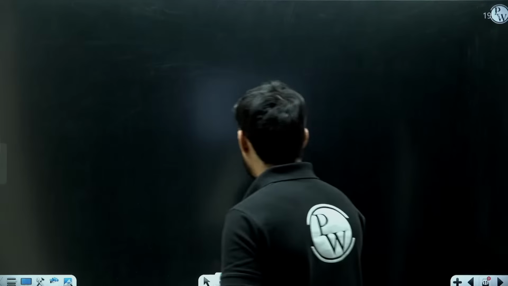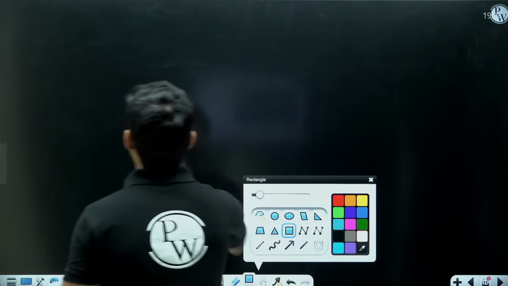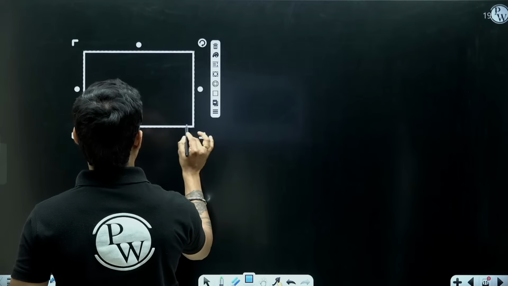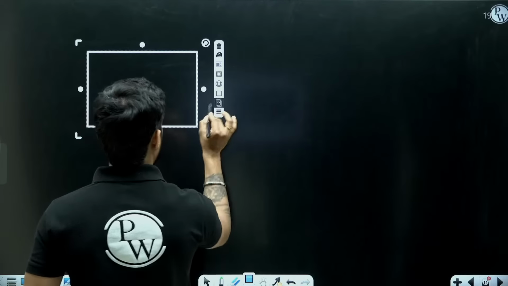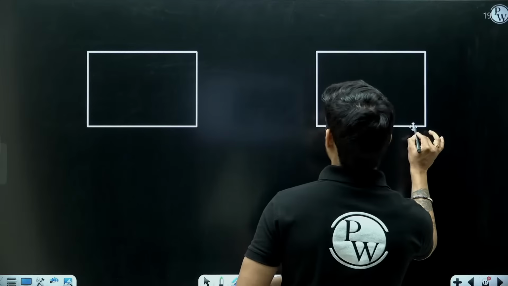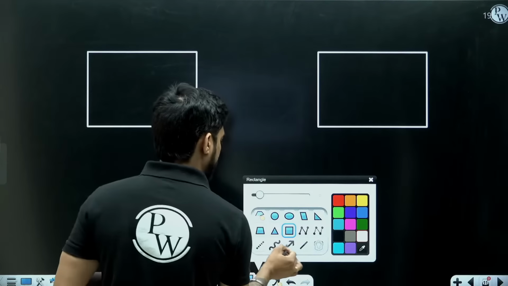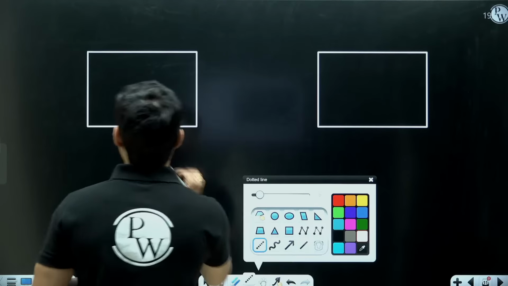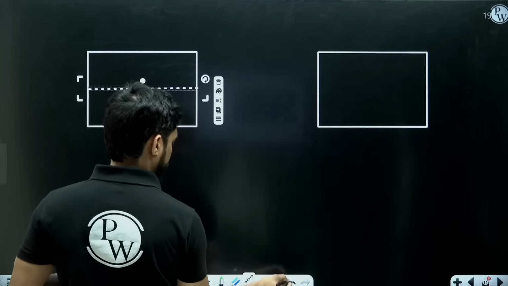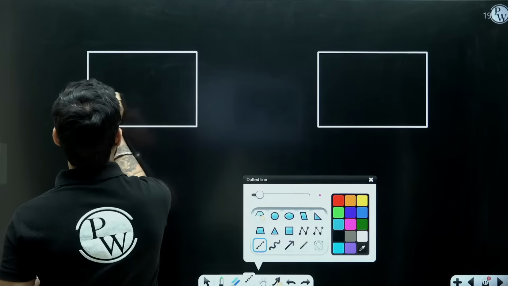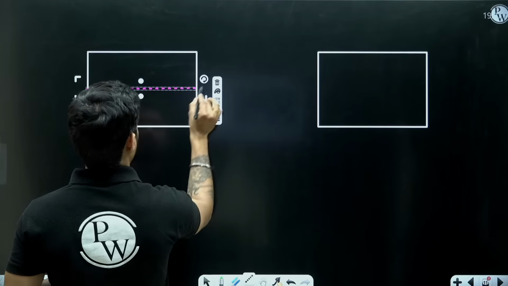And to show that, I am going to use this example. Let's say that we have a body like this. Let me make a copy of this body. Now, let's say this body is subjected to equal and opposite forces along this line.